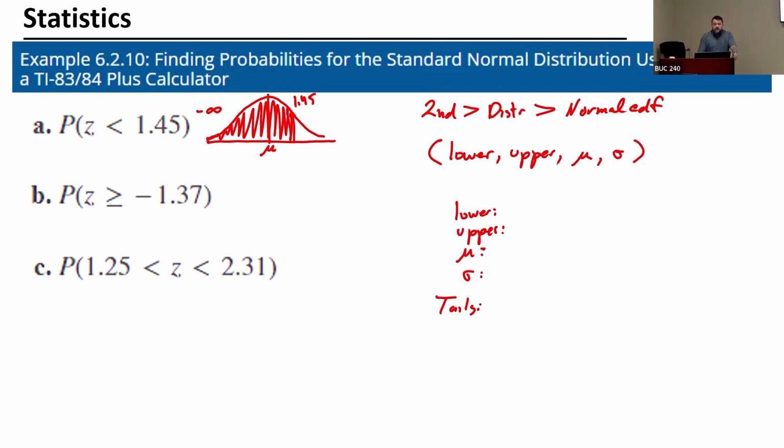It doesn't. If it doesn't give you tails, everything's going to be to the left for you. So just be ready for that, okay? If you're using a TI-84 Plus, it'll give you left, right tails, or center as well.